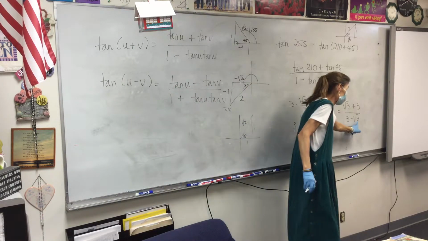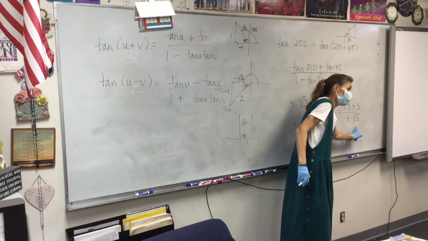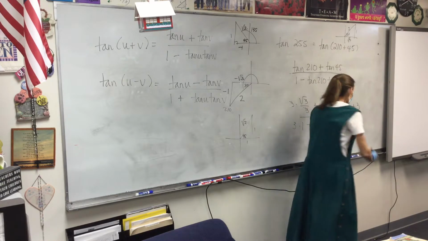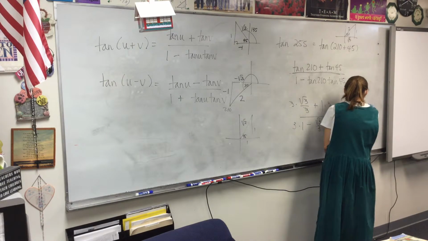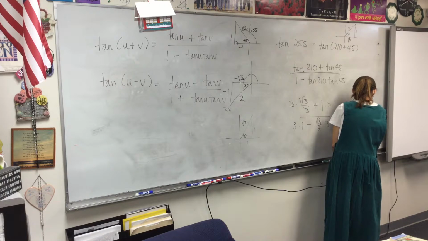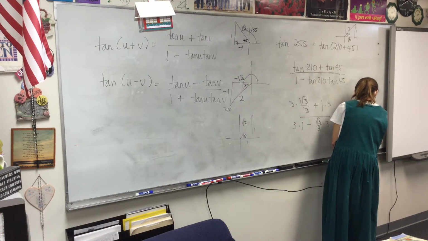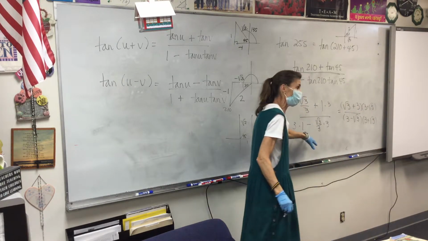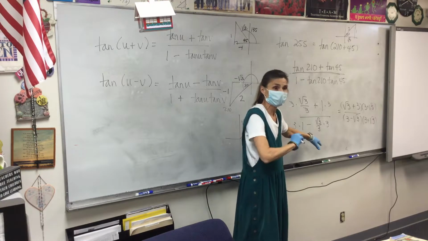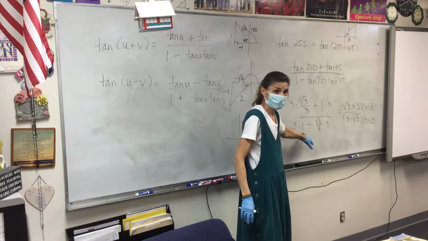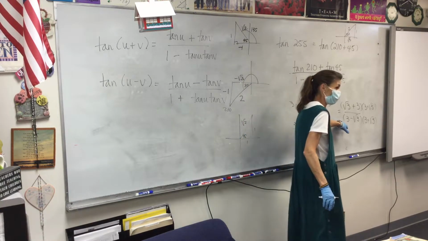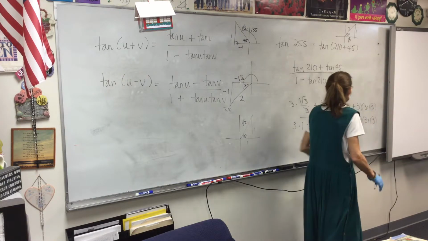However, you do have to fix this. This is a problem. How do we fix that? Multiply by 3 plus root 3. Gang, I could have done that over here, but I didn't want to mess with those fractions. I want to get those fractions out of there first. Now I'm going to rationalize, multiply top and bottom.